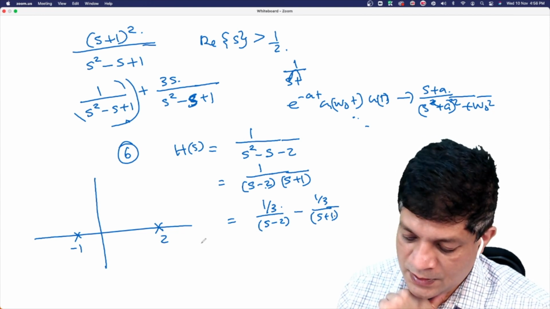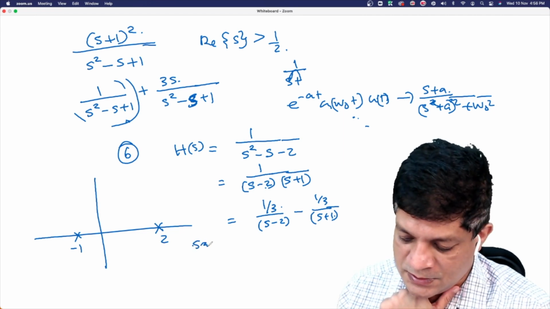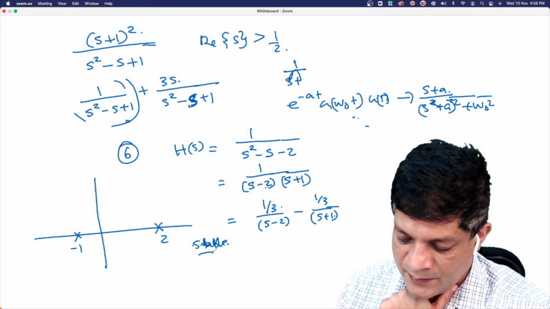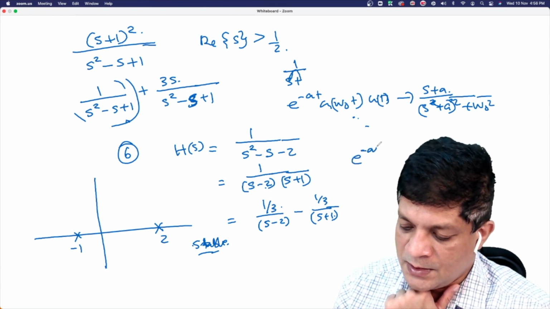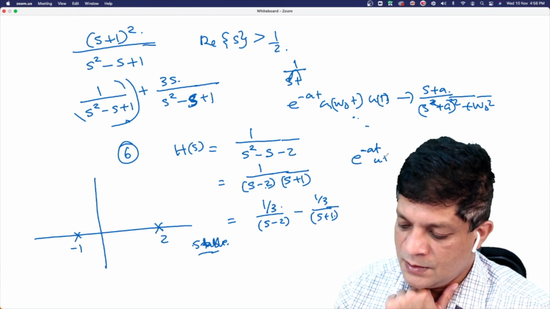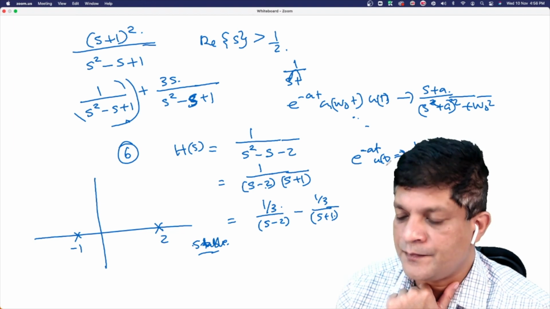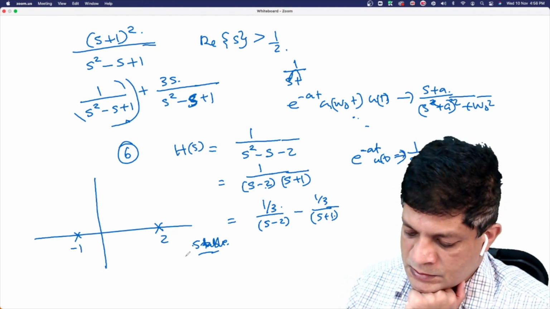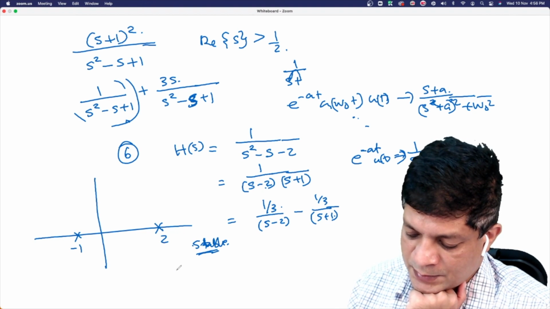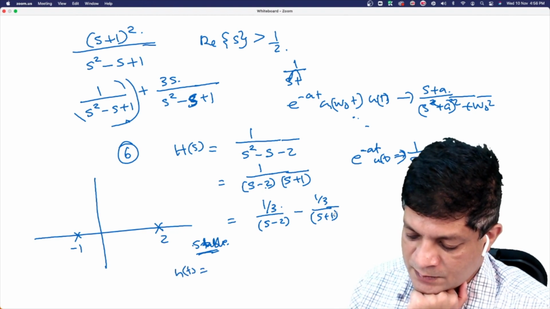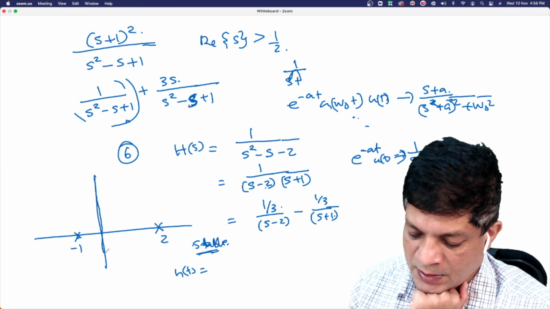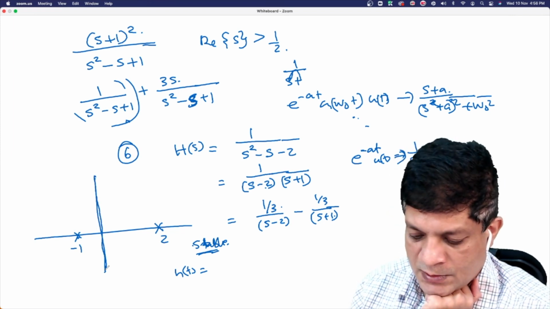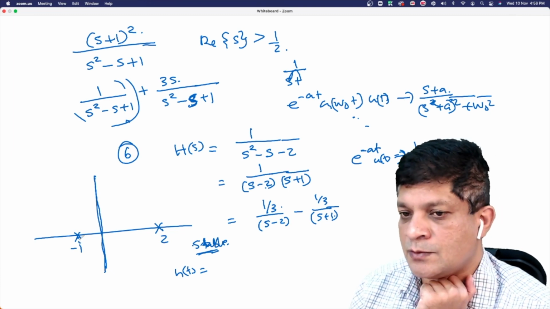If it is a stable system, you have to use the standard result e to the power minus at u(t), that is 1 upon s plus a. So tell me what is the impulse response if it is a stable system. Stable means the j omega axis must be in the ROC. So this pole must correspond to what?